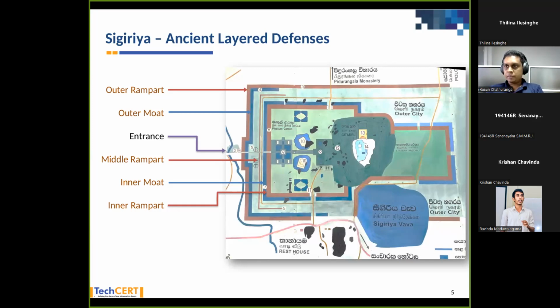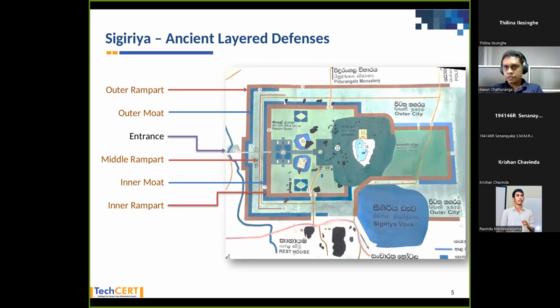If we are thinking about Sigiri, it has basically 3 ramparts and 2 moats. Moats are water canals which are deep, often with crocodiles put there. King Kashyapa made this a layered scheme, so any enemy entering from the front side needs to go through all these 5 obstacles.